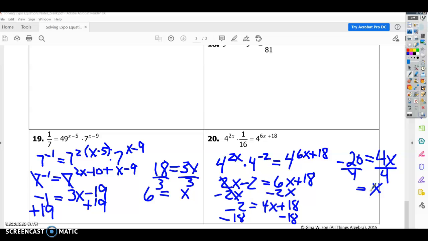And x equals, oh, sorry. Yep, -20 divided by 4 is -5. I lost my place. All right, so check these. Ask questions if you need help, and good luck.